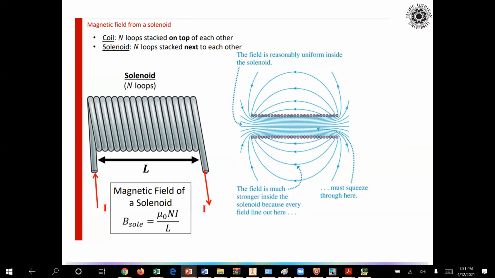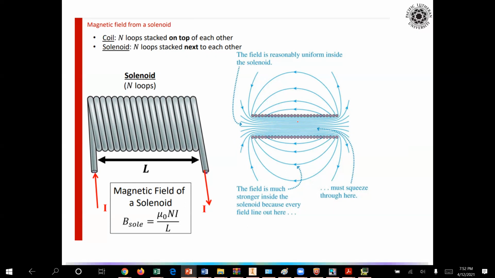In the cross section drawing of the solenoid, the top side will be dots, and the lower side will be crosses, pointing into the page, and this one out of the page. The magnetic field outside the solenoid points from right to left, and inside the solenoid it points from left to right, and that's the direction of the magnetic field.